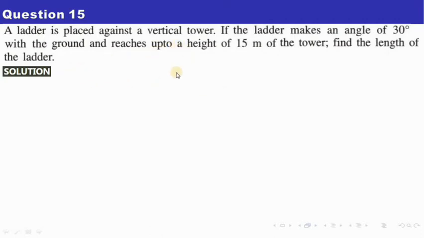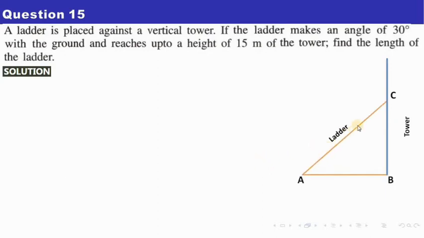Basically here there's a tower, and you're leaning a ladder on the tower. So this is my ladder, and this AB is my ground. According to the question, this ladder makes an angle of 30 degree with the ground, so this angle has to be 30 degree.